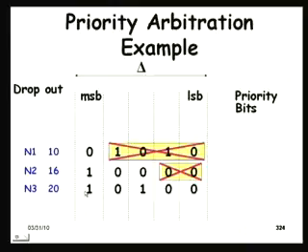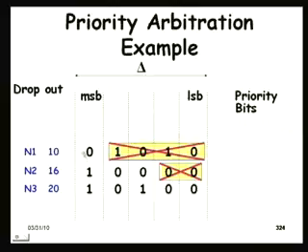Sometimes we have the situation where higher priority is indicated by a lower priority value, but here it is the higher priority value. Just check here that N1, which has priority 10, is a lower priority compared to N2, which is priority 16, and N3 has priority 20.